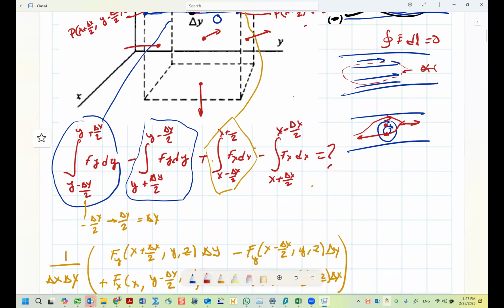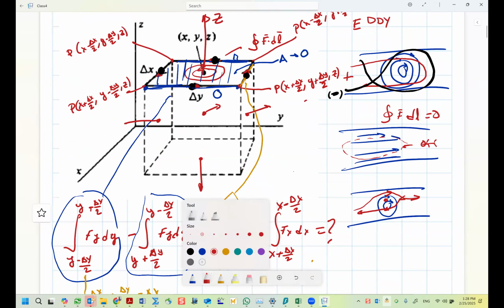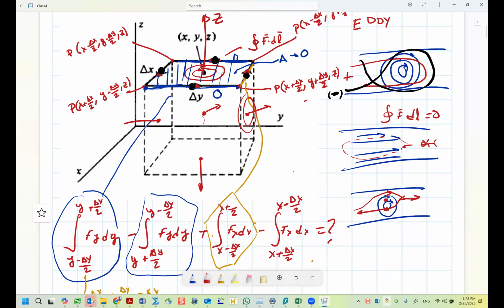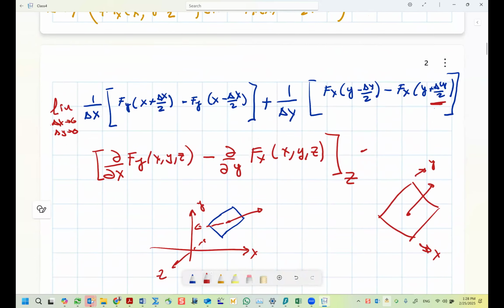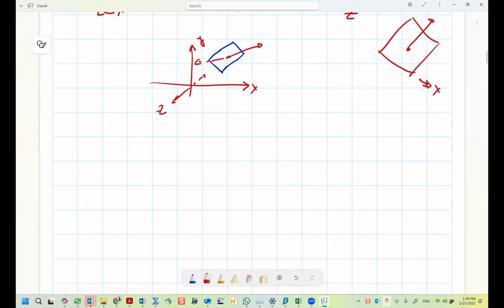But there could be whirlpools in the other directions. There could be whirlpools here, and here. So we have 3 directions, and when you put it all together, the easiest way is, I am going to use nabla, even though I don't like it much, nabla cross the vector f, and in particular, I'm going to call my vector h. It can be simply obtained by the determinant of this thing.